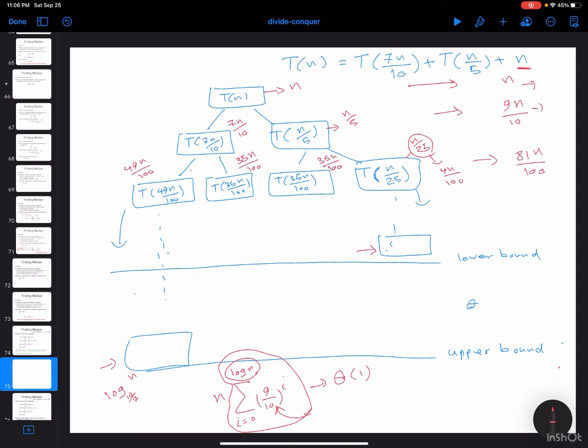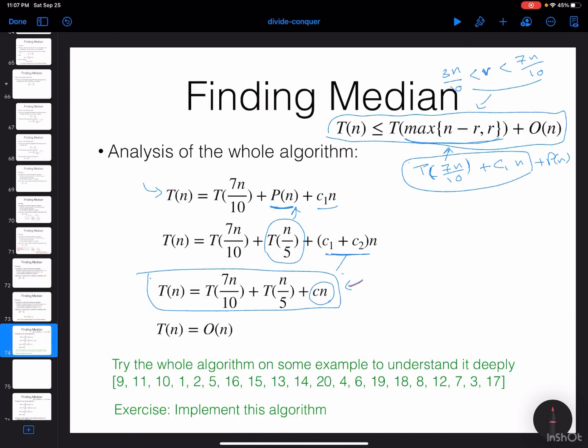So what would remain for the lower bound and for the upper bound, both of them is going to be linear. So the lower bound is going to be linear, the upper bound is also going to be linear, so the total time complexity, the exact growth ratio, will also be linear. So I can actually prove that this recurrence relation will be linear.